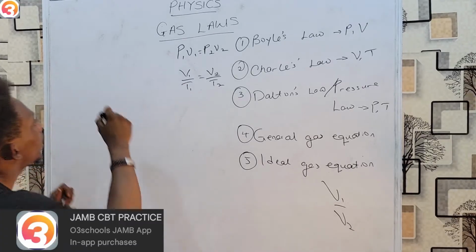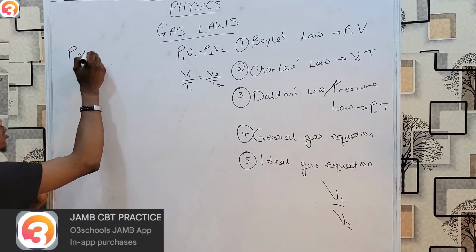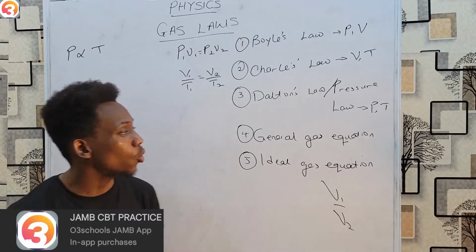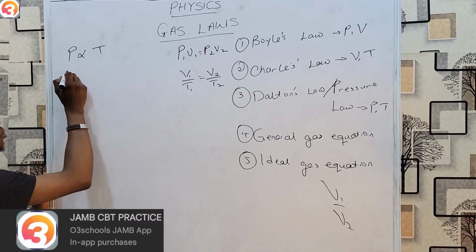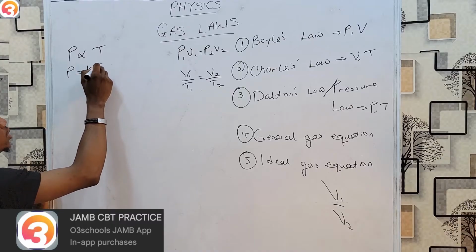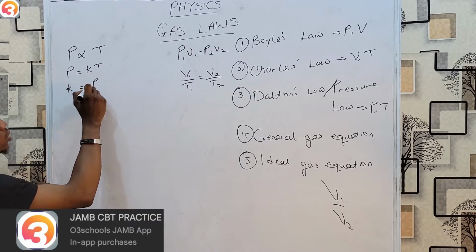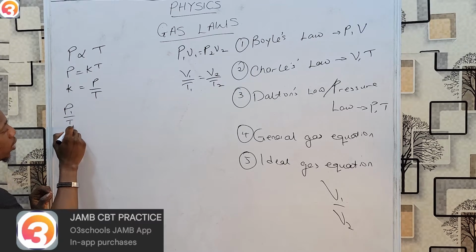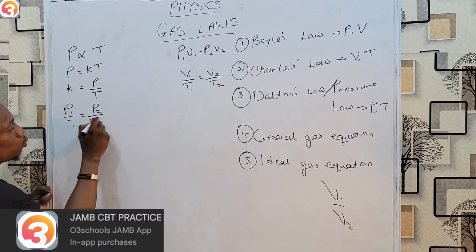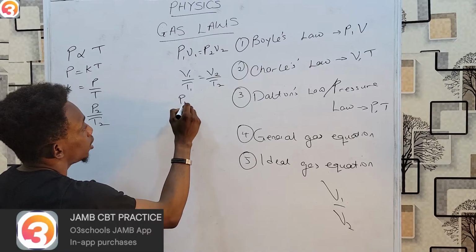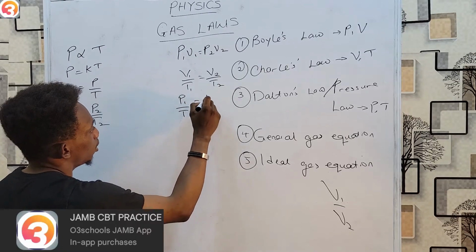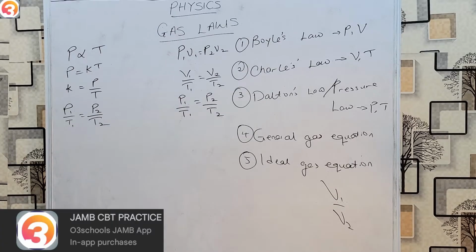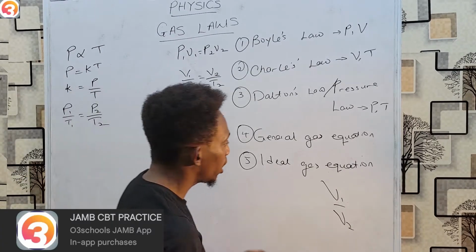So, just as before, P equals KT, and therefore K must be P over T, which means it will be P1 over T1 equals P2 over T2. Remember that our temperature must be in Kelvin. That's my third gas law.